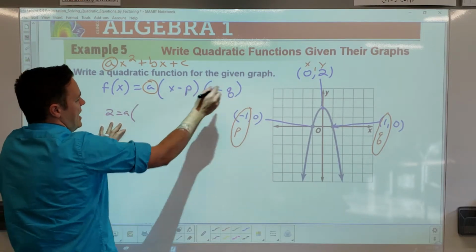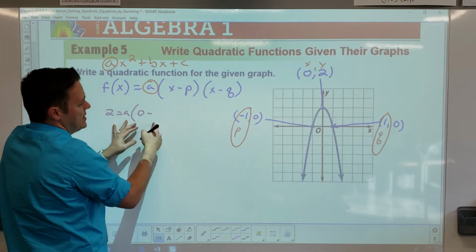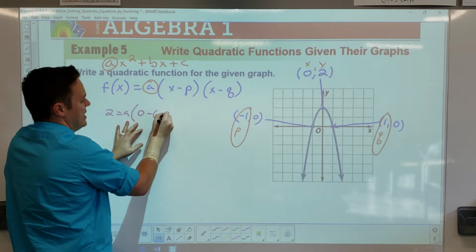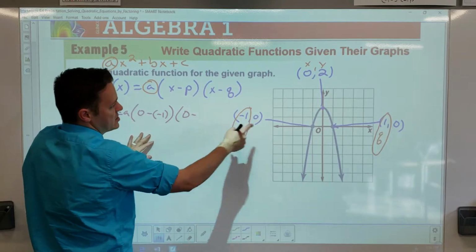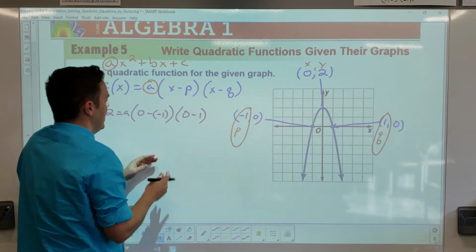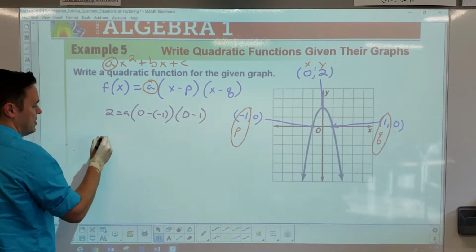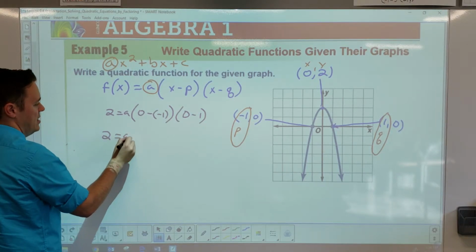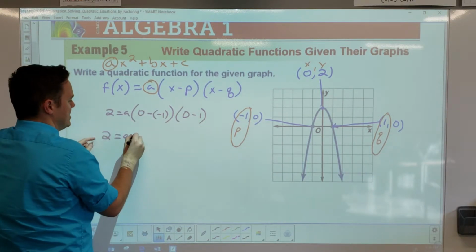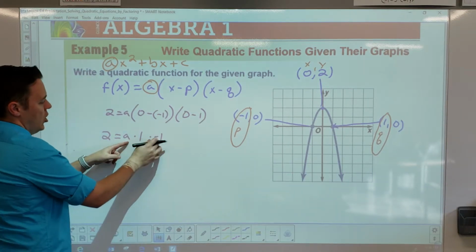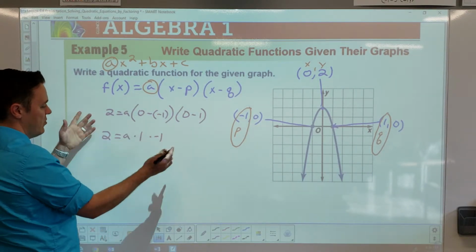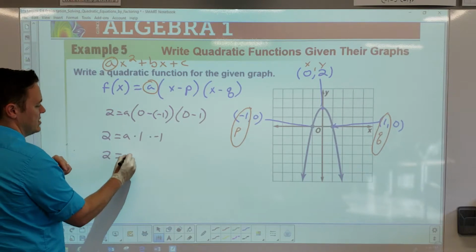And then x is 0, and it's going to be minus p, which is a negative 1. And then it's going to be x again, which is 0, minus q, which is 1. Now, ladies and gentlemen, you just simplify across the board. So this is 2 equals a, negative and a negative is a positive, and that would be times negative 1. So a times 1 times negative 1 ends up being 2 equals negative a.